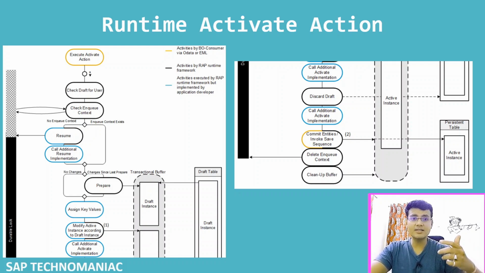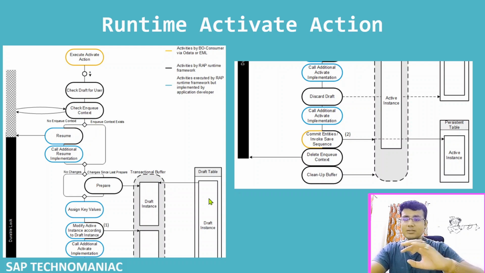The prepare action is another important action. It will call the validations and determinations which you define on prepare, which we are also going to do in our application. Those determinations and validations will be called on top of this draft instance, and the draft data is validated, and using the determinations the data is modified and saved in the draft instance.